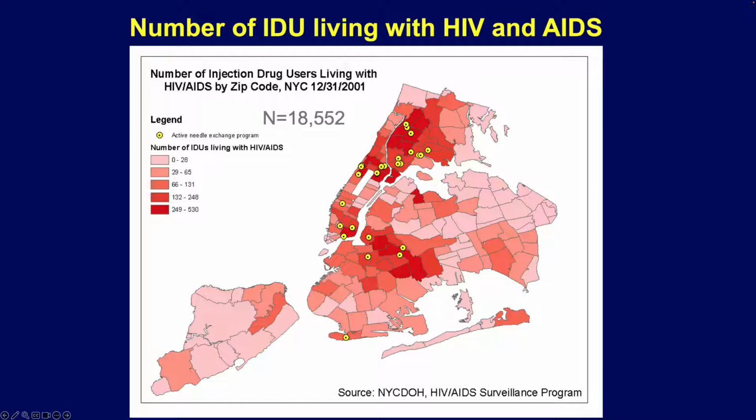So this map was used by the health department and our commissioner at the time to advocate for the strategic placement of new syringe exchange programs where there was demonstrated unmet need in the name of helping to better control HIV spread in the city. I think it's a great example of how a surveillance system like the HIV surveillance system has demonstrated its usefulness. So when evaluating a surveillance system, you want to try to find examples like this that you can point to.